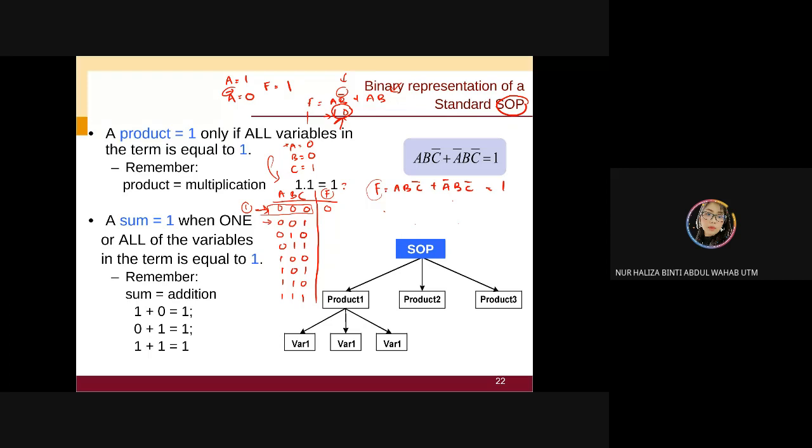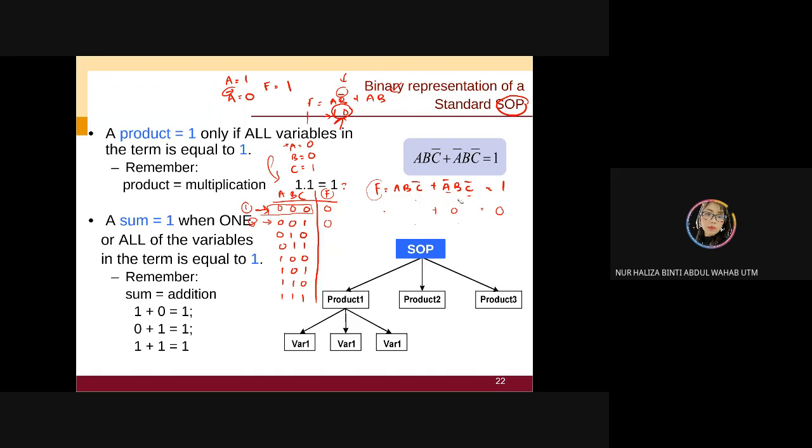I apply A is 0, B is 0, C is 1 with a bar, plus A is 0 with a bar, B is 0, C is 1 with a bar. Whatever multiplies with 0, I'm going to get 0. My answer will be 0. So I put here a 0. Done. Number 2.